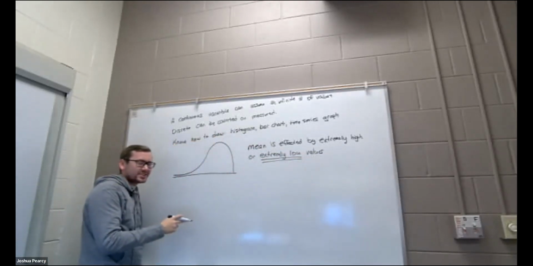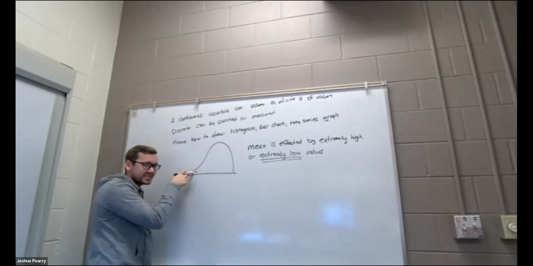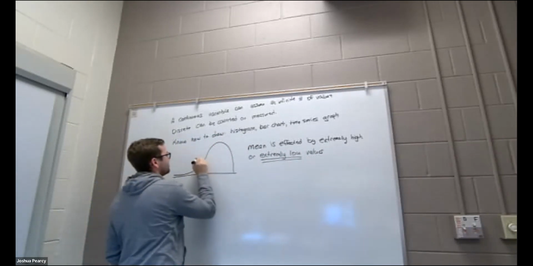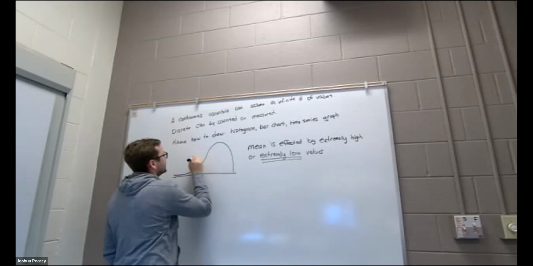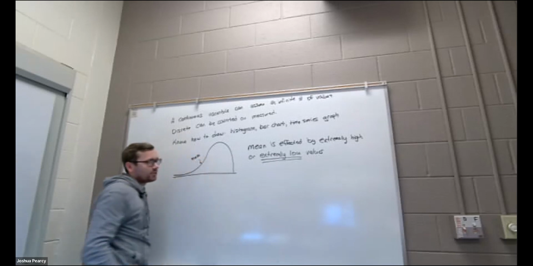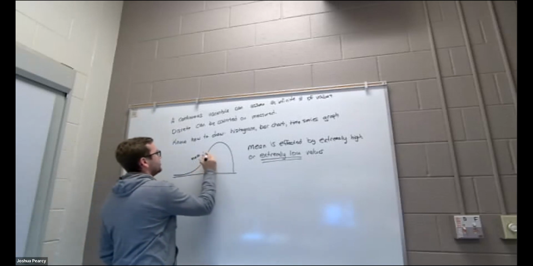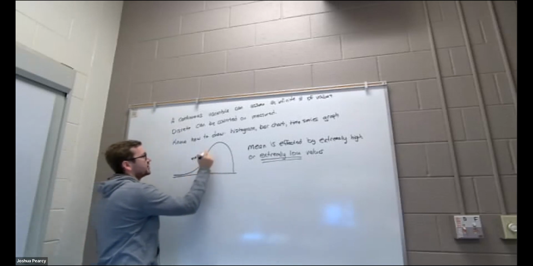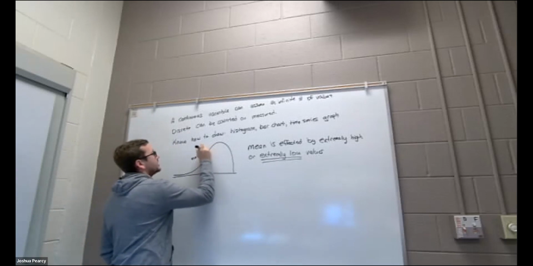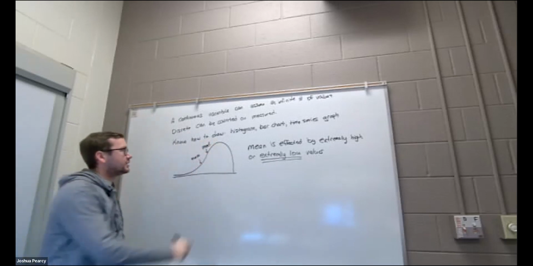It is pulling the mean down towards this tail, so the mean should be here. The median, which is the midpoint, or the 50th percentile, should be roughly around here, and then the mode is obviously at the peak.